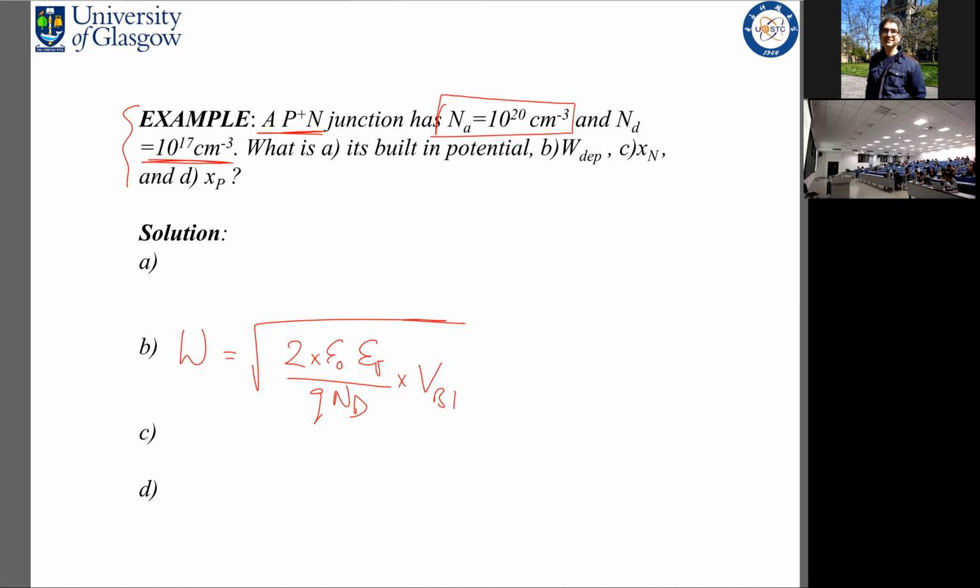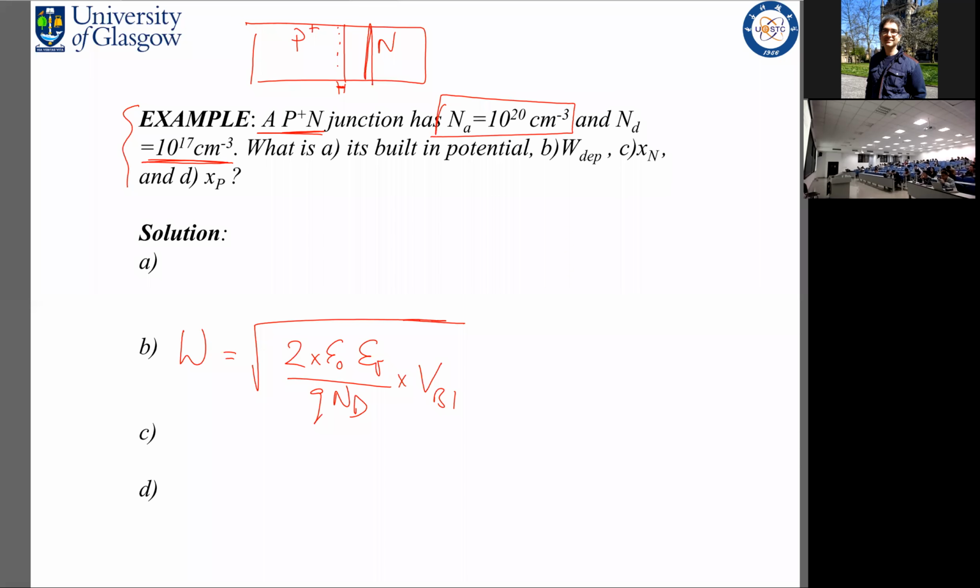So if this is a P-N junction, and P is much more heavily doped in comparison to the N, where would the depletion region extend further? I guess it would extend more towards the N side. There will be a smaller depletion region on the P side, but a larger depletion region on the N side.